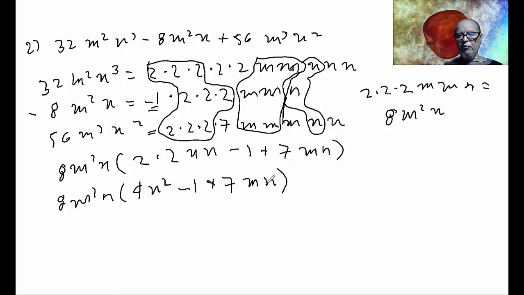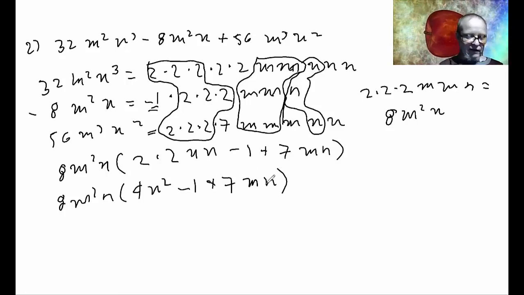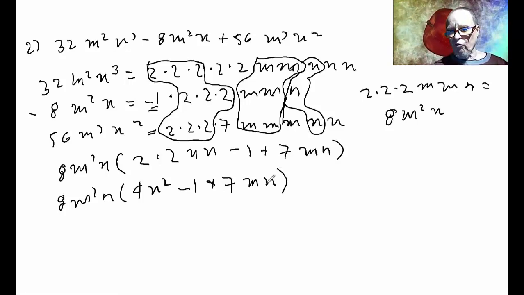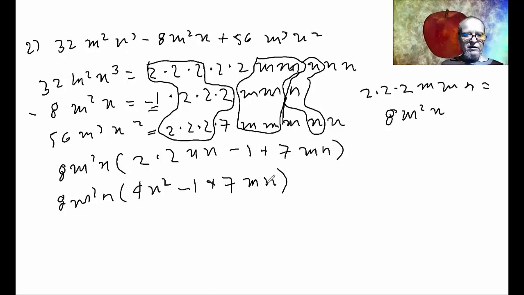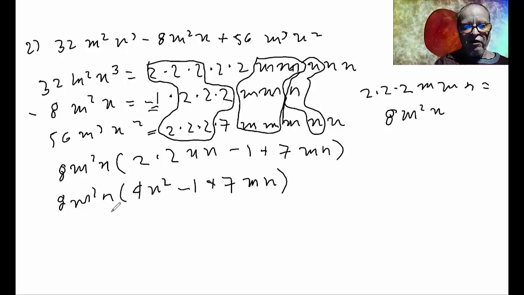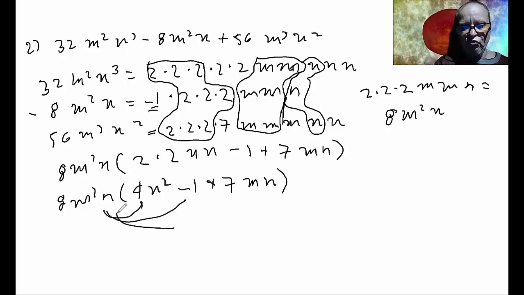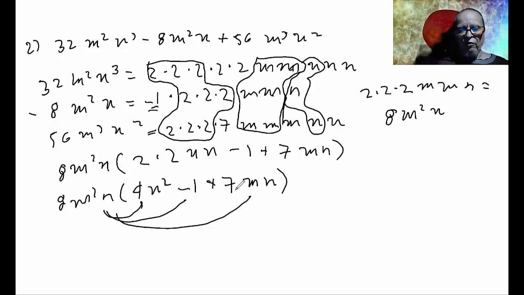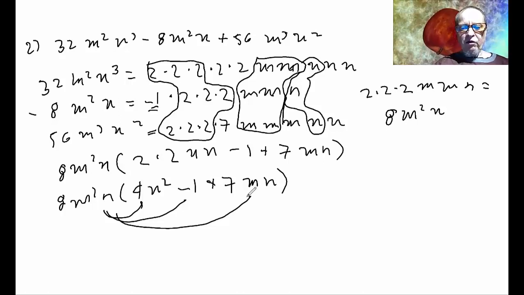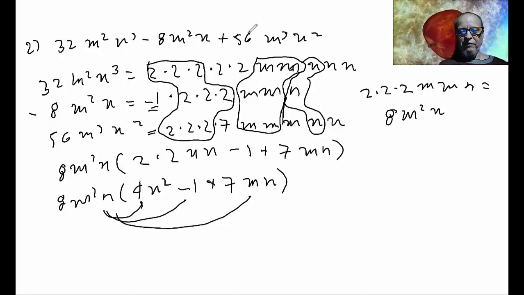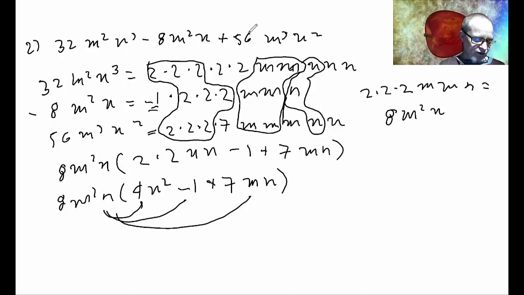Now it's very important that you put in that minus 1, because remember, when we check, we're going to factor each of these, and we want to make sure that when we distribute it, we get all three terms back that we originally started with.